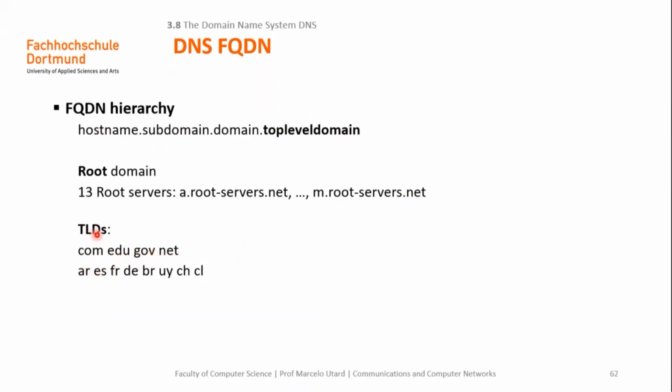But in the evolution of the internet, top level domains that identify different countries appeared later. For instance, DE for Deutschland, FR for France, ES for Spain, AR for Argentina, BR for Brazil, UY for Uruguay, CH for Switzerland, Confoederatio Helvetica, or for instance, CL for Chile. And there are several different top-level domains to identify the different countries.